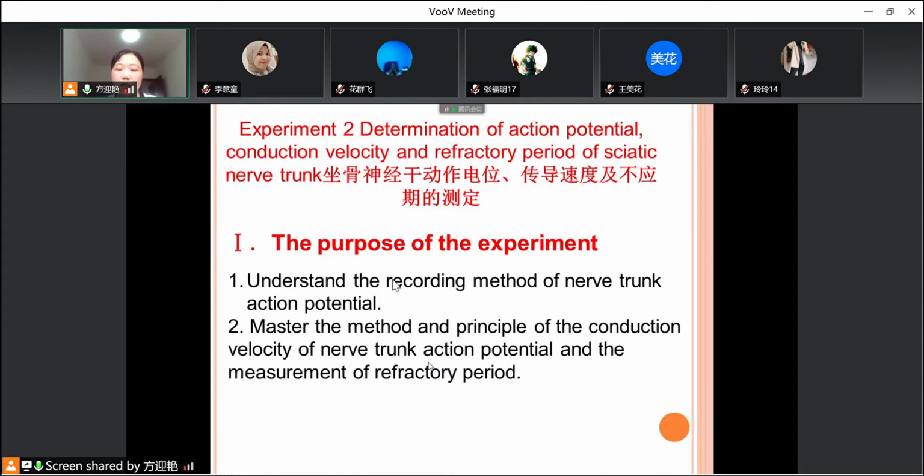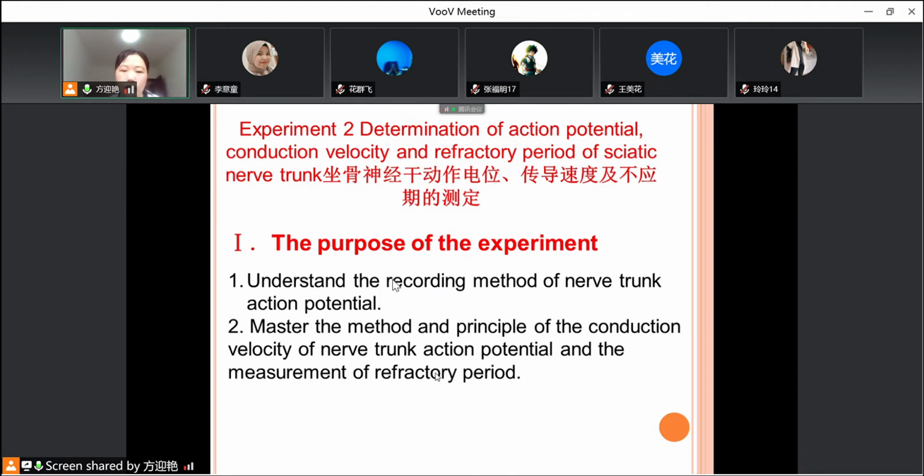And after one action potential, there is a period in which the cell cannot be excited again. This period we call the refractory period.